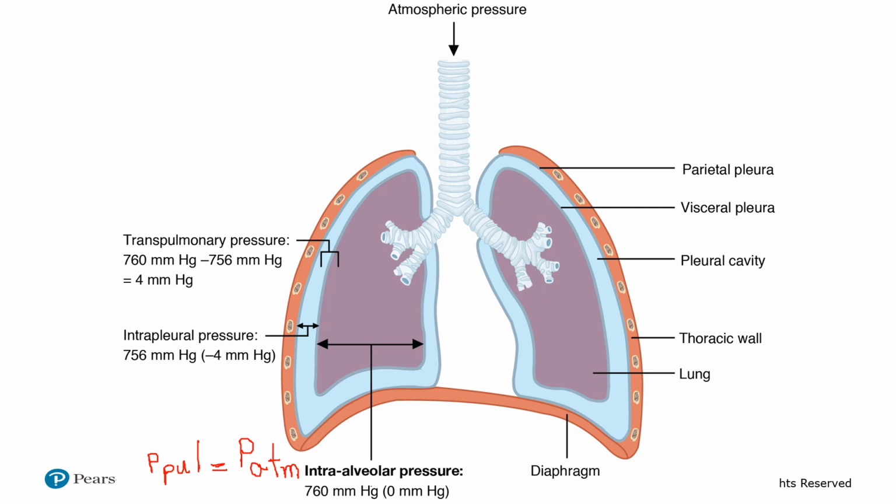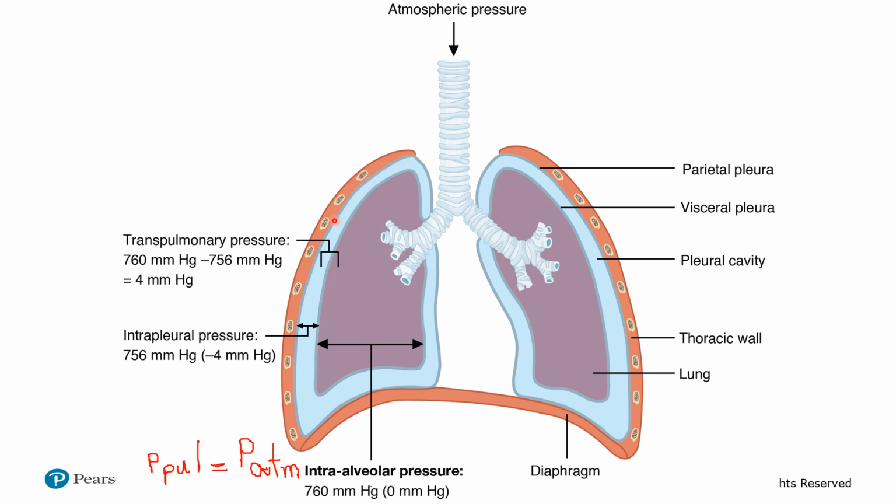Then we have another pressure which is known as the intrapleural pressure. Intrapleural pressure is present in the pleural cavity. We know our lungs are lined by a pleura, and this pleura has two layers. The visceral layer is tightly bound to the outer surface of the lungs, and the other layer is known as the parietal layer.